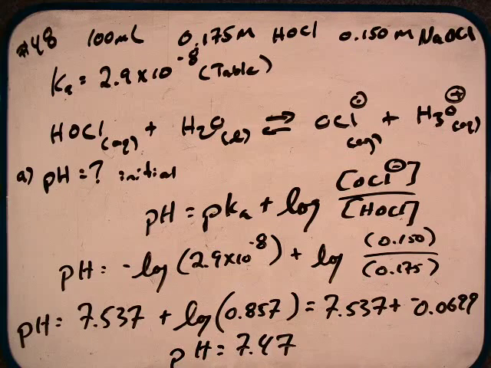And so that gives us a pH of 7.47 initially. So we take these two buffer components, we take our acid, we take our conjugate base, we mix them up with these concentrations, and that is our pH simply using the Henderson-Hasselbalch. Again, you can use an ice table if you want.